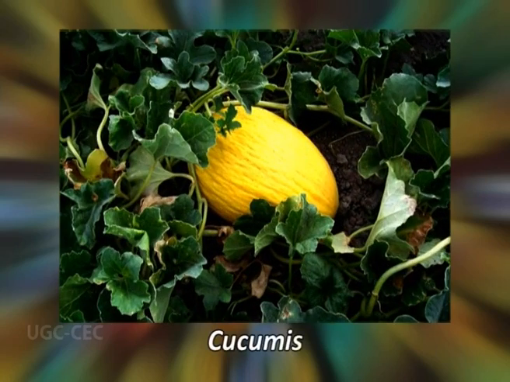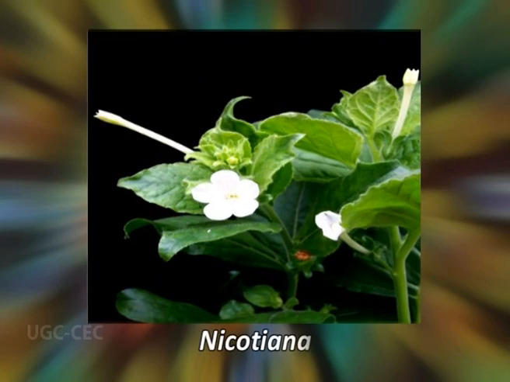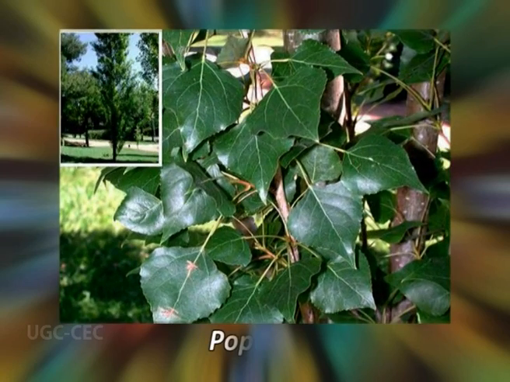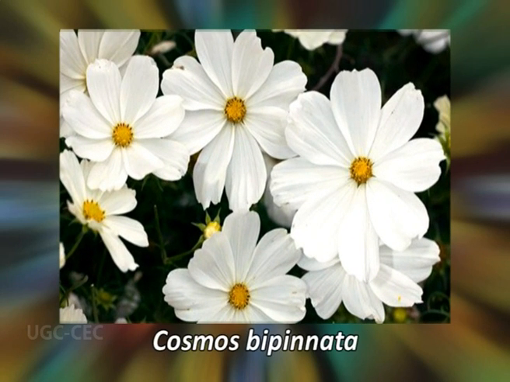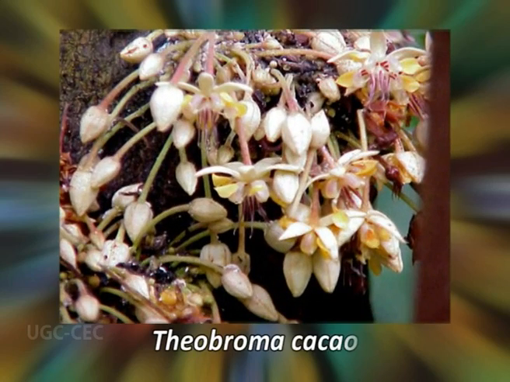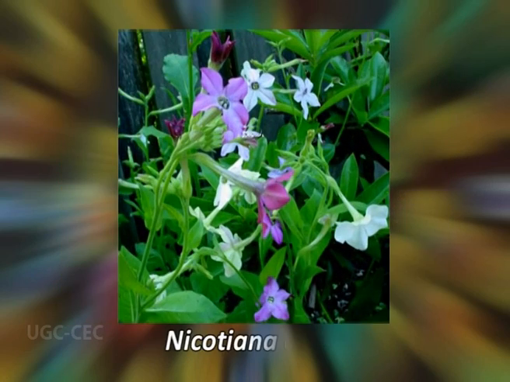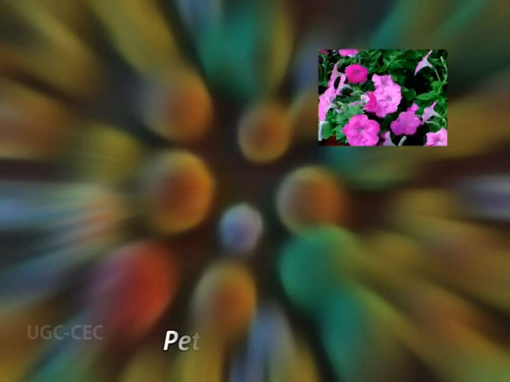Mentor pollen has helped to overcome interspecific incompatibility in Cucumis, Nicotiana, Populus, and self-incompatibility in Cosmos bipinnatus, Theobroma cacao, Nicotiana alata, Petunia hybrida.